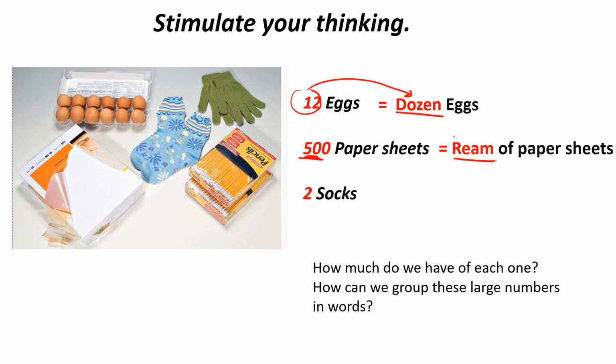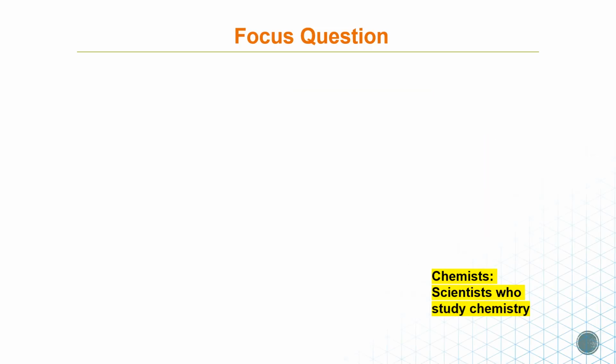So ream means 500. What about 2? You should know this. 2 is a pair, a pair of socks, right? So we use these words to describe numbers, and that's what we are going to use in chemistry. To describe the number of atoms, we will use a word as well.